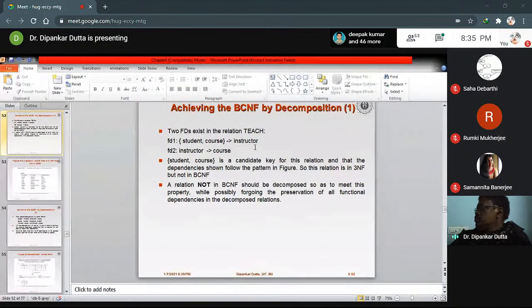So it is in 3NF. There is no transitive dependency.